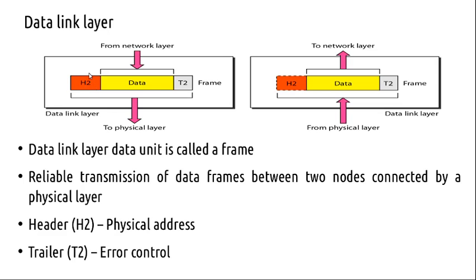These addresses added by the data link layer are called the physical address, or a link address, or a MAC address. The destination machine's MAC address is found out by using the address resolution protocol.